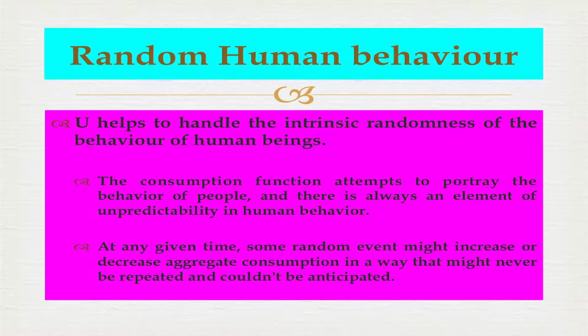Third, random human behavior can also be explained with u. U helps to handle the intrinsic randomness of the behavior of human beings. For instance, the consumption function attempts to portray the behavior of people, and there is always an element of unpredictability in human behavior.